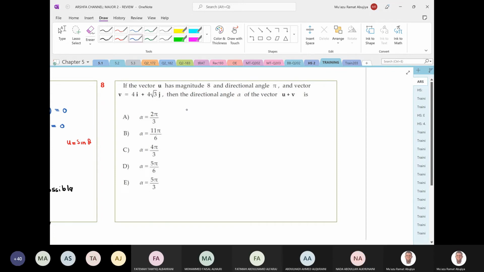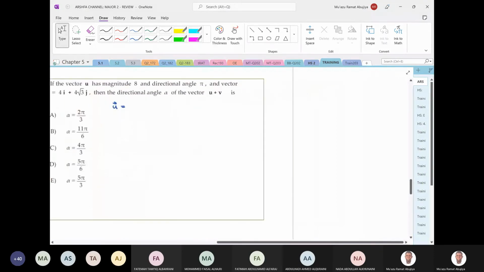Now the vector u is going to be equal to, usually we can write any vector, let's say u, to be equal to the magnitude of vector u multiplied by the cosine of the angle theta, comma, the magnitude of vector u multiplied by the sine of the angle theta.